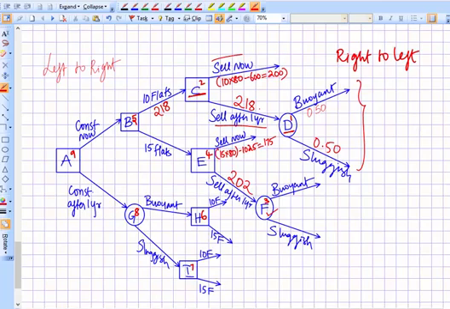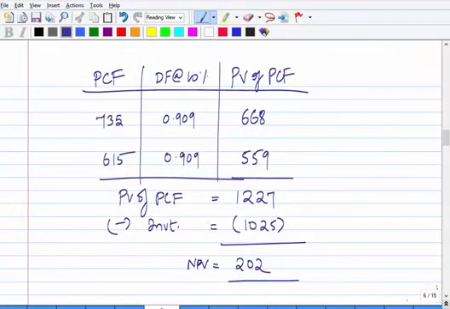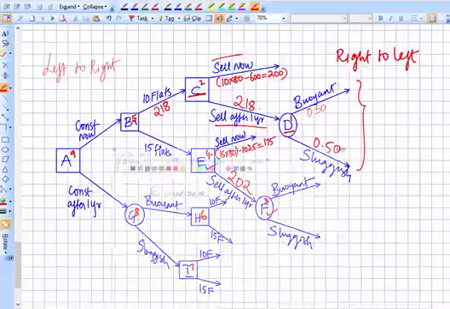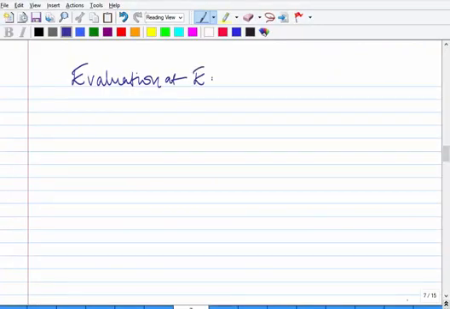So now we should do evaluation at E, but E happens to be a decision node. Okay. So we just have to select the highest. Let's capture that. Evaluation at E, and this is a decision node. It means we have to select the highest. What is the choice in front of us? Sell 15 flats now.